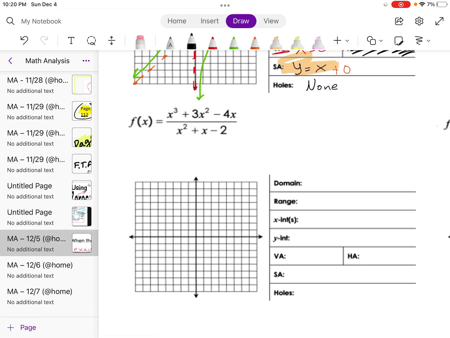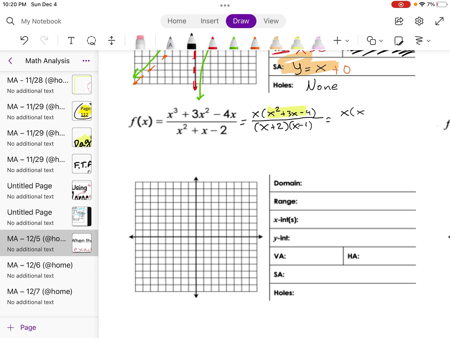Okay, let's do the next set. Let's hop down to this one. A good idea is to simplify as far as you possibly can. So this could be rewritten as x squared plus 3x minus 4 over x plus 2, x minus 1.